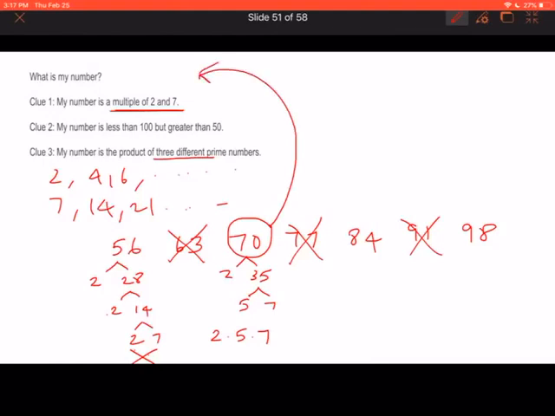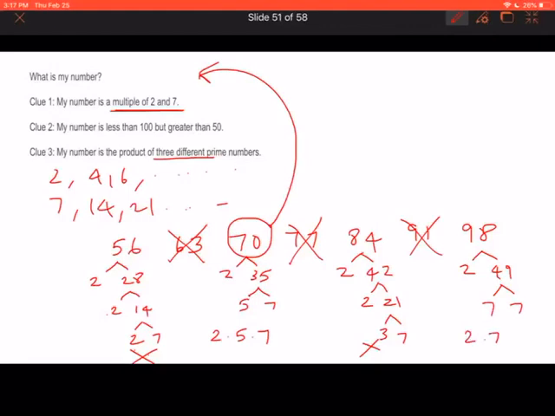Okay, just for curiosity's sake, we will find out the factors of 84 and 98. So it is 2 times 42, 2 times 21, 3 times 7, right? So many factors, so this is also not eligible. 98 is 2 times 49, 7 and 7.